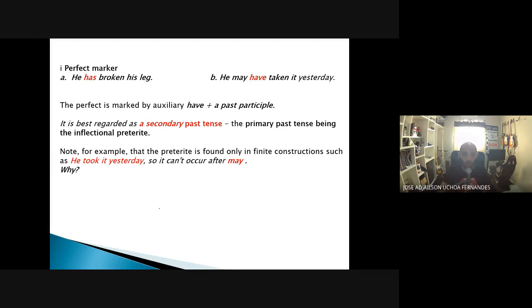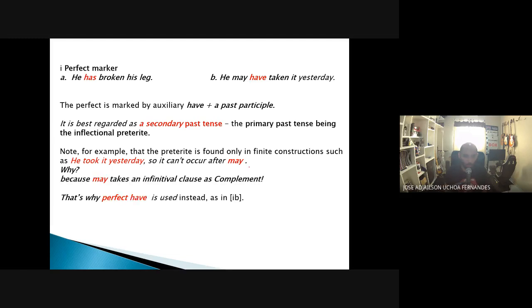Now I say that in these finite constructions, like he took it yesterday, it can't occur after may. Why? Because may should take an infinitival clause as a complement. What is an infinitival clause? It is a clause in which the verb is in the infinitive form.